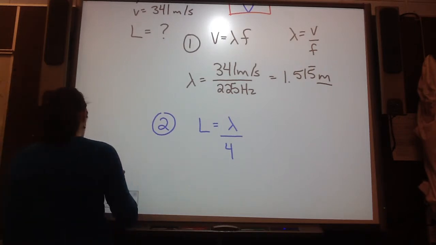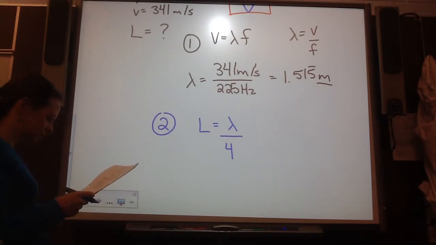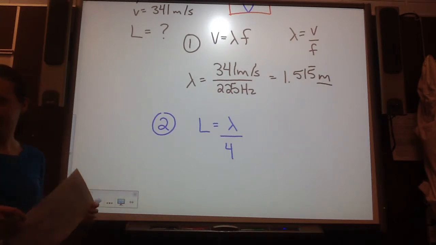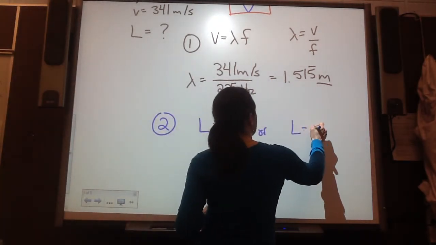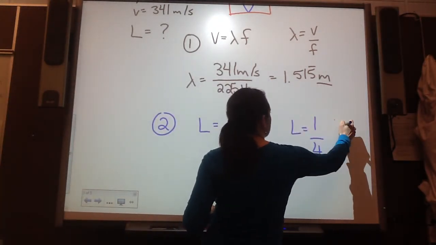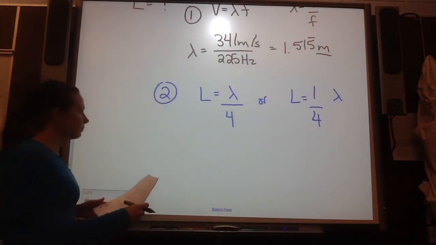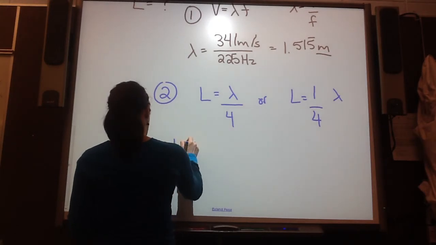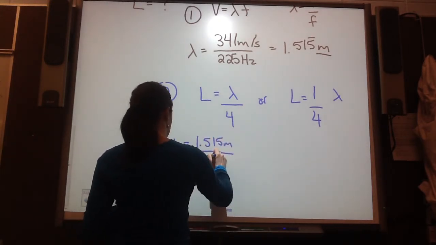I'll show you how I did that. Does that make sense? Can we just multiply by 1/4 too? Yep, or multiply by 1/4, if you like to think about it that way just to help you out, that's fine too. So L is equal to 1.515 meters divided by 4.